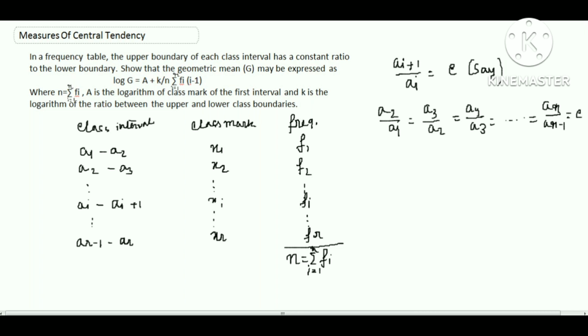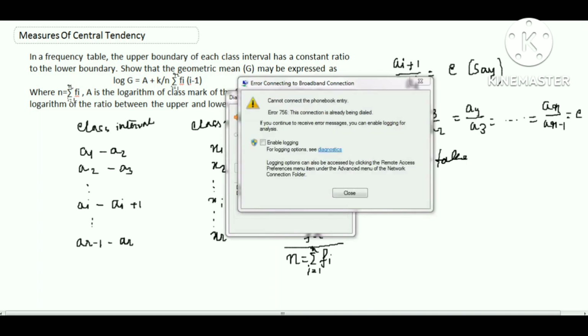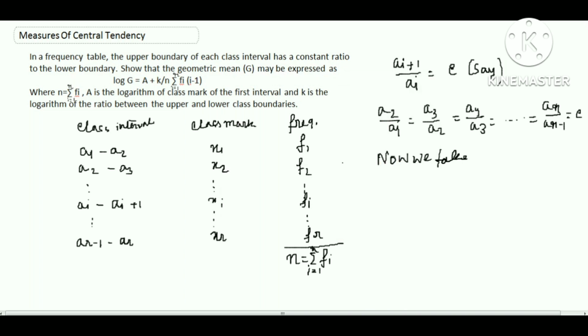Now we take A3 divided by A2 equals A2 divided by A1.